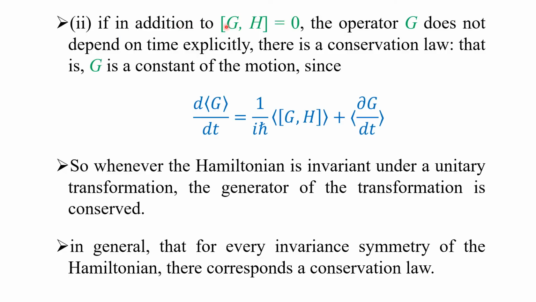If in addition to G commuting with H, the operator G does not depend on time explicitly, there is a conservation law, that is, G is a constant of motion.